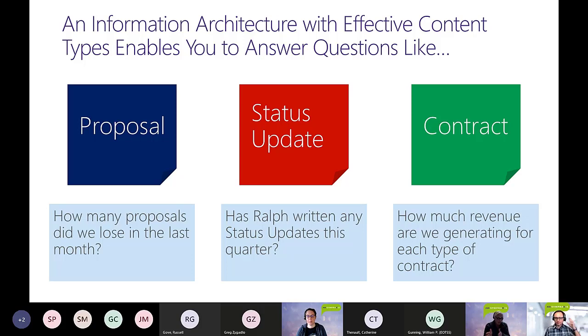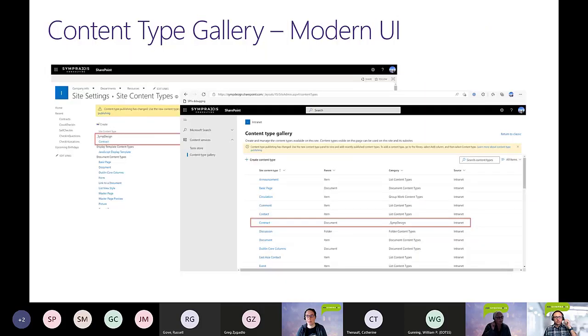But you wouldn't have that metadata that would help you answer questions like this unless you set up content types with good metadata columns. So that was the abbreviated version of why I think content types are the coolest thing since sliced bread. Any thoughts?